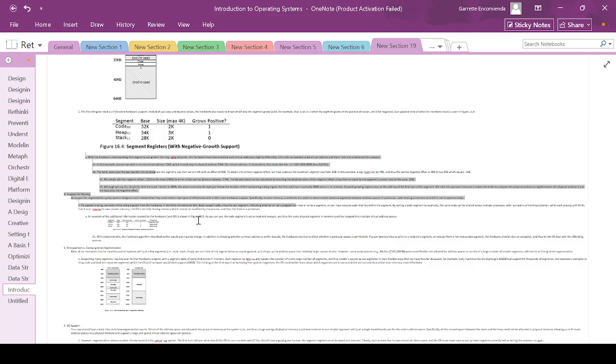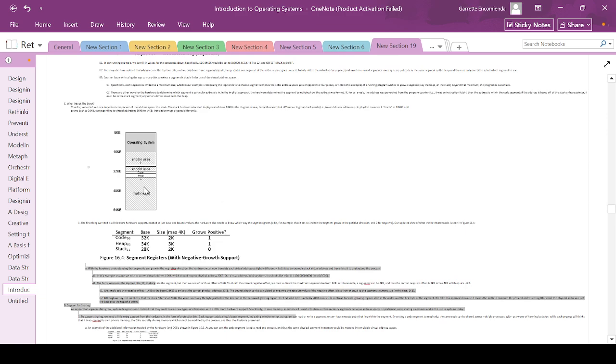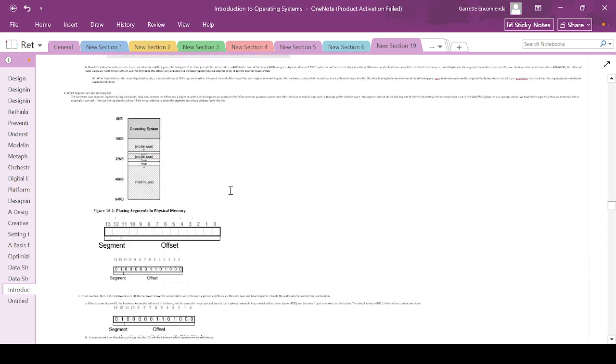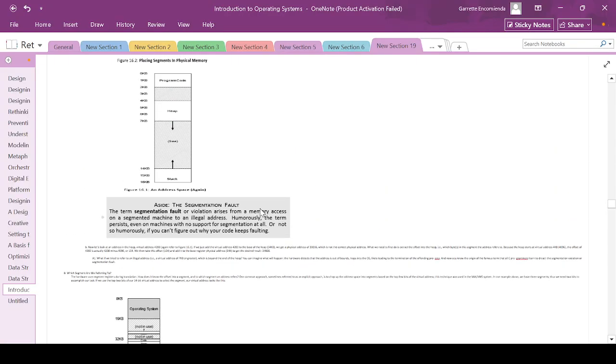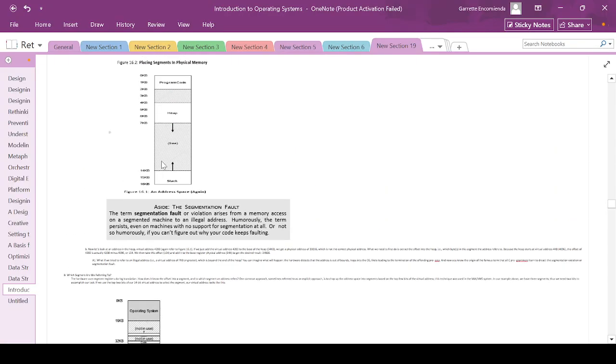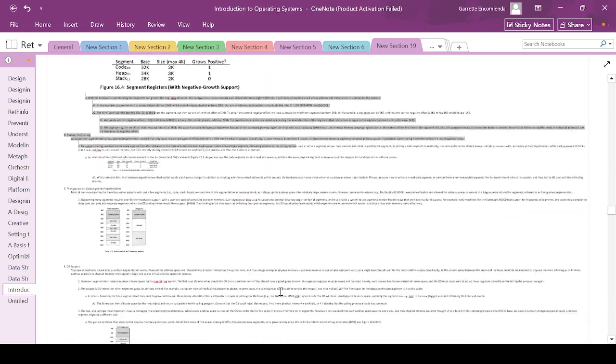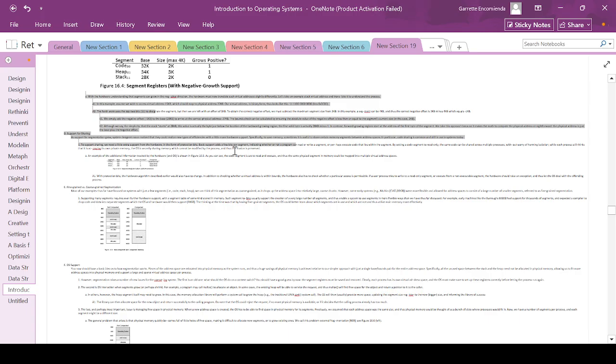So that's basically how it does that. In this example, a segment can be 4 kilobytes. In the program code, for example, we subtract that for the stack. Let's not worry, that's not that important. We already understood it.